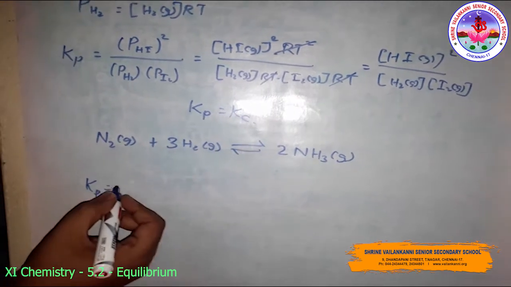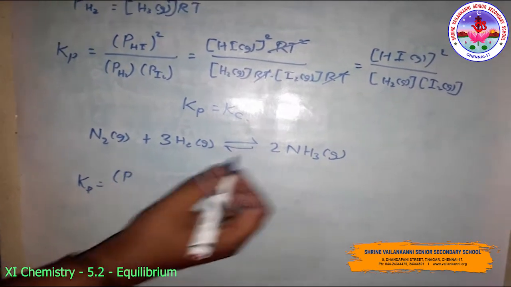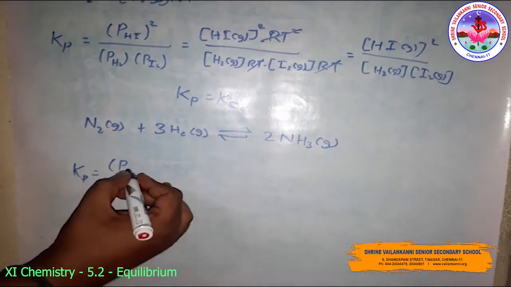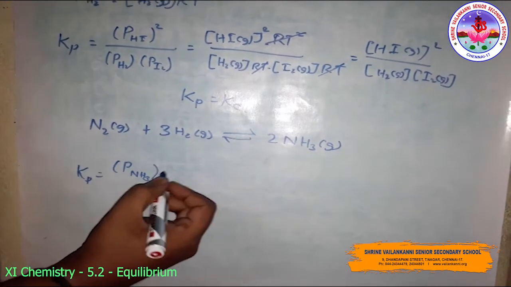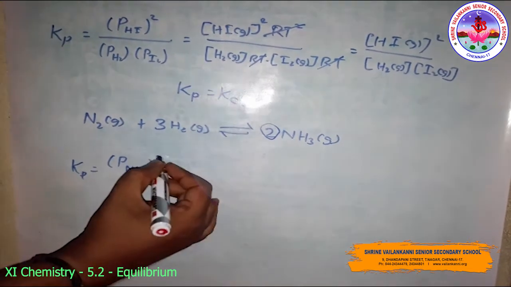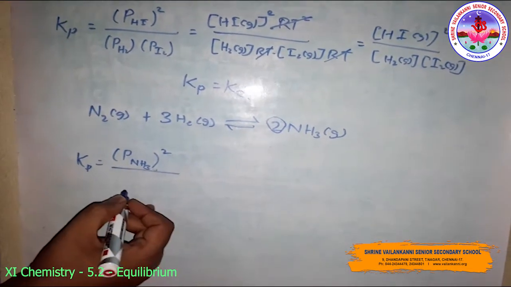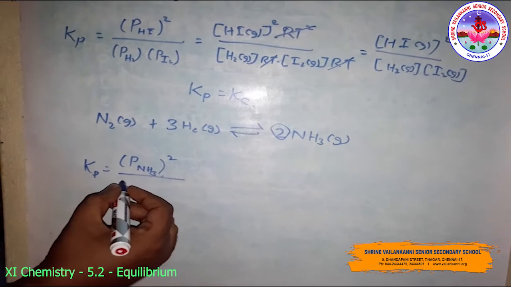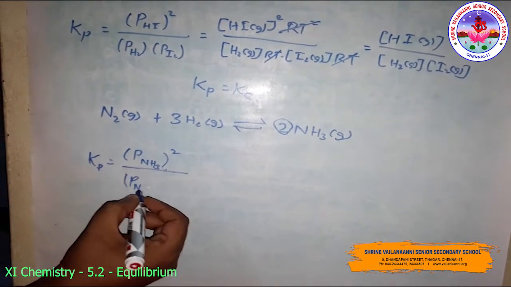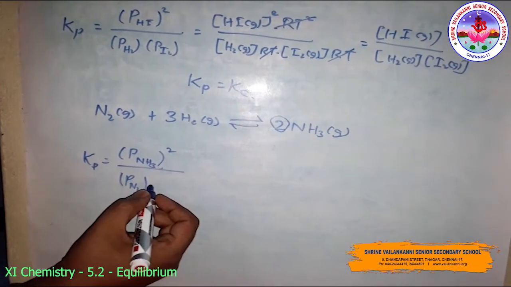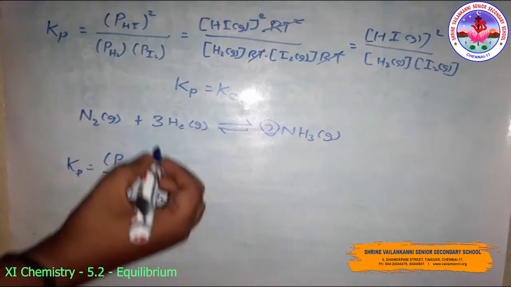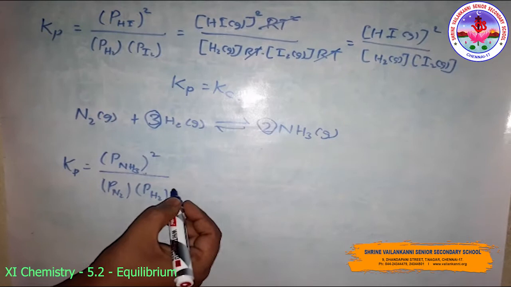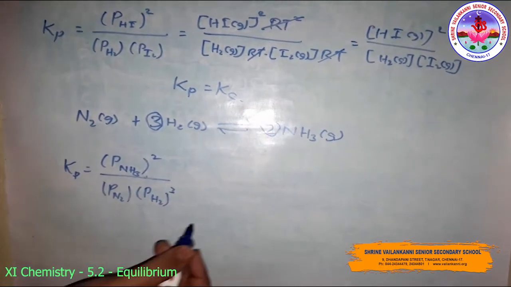Kp is equal to the pressure of NH3 to the power of 2, because of the stoichiometric coefficient, divided by the partial pressure of nitrogen and the partial pressure of hydrogen. Here the stoichiometric coefficient is 3, so it will become power 3.